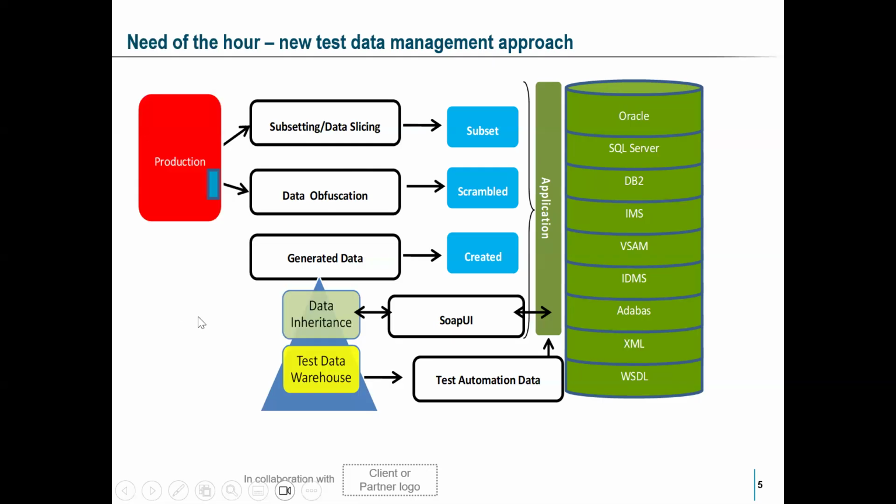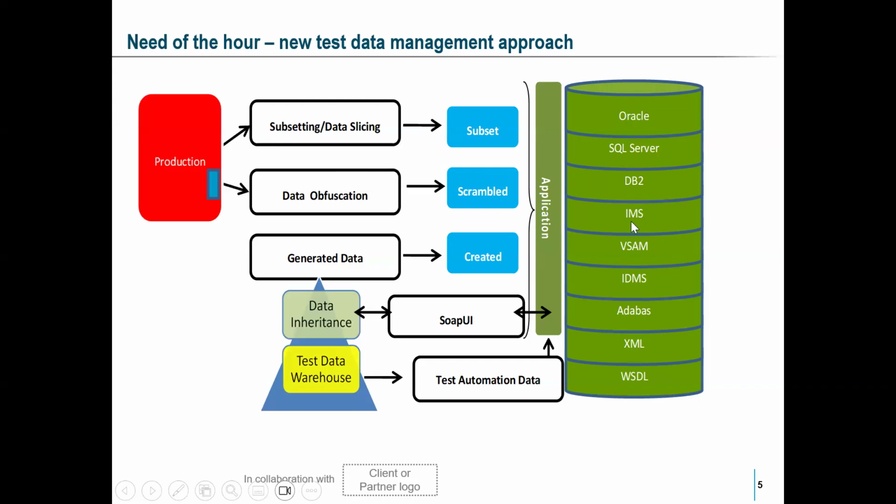Suppose 100 million, or 4 million records are there. We don't need 4 million records in the non-prod test environment. We just need one-fourth of the data, or maybe ten thousand users' data. We slice and subset that production data and get it into the required database.